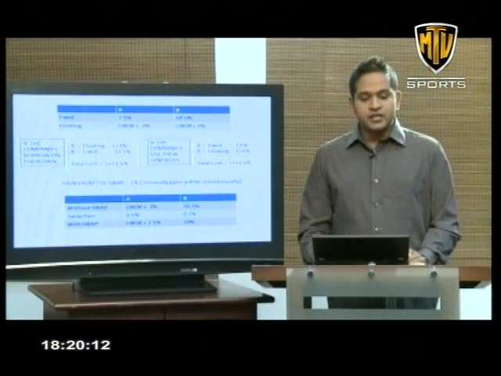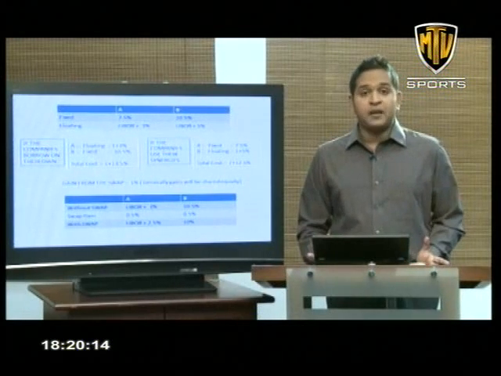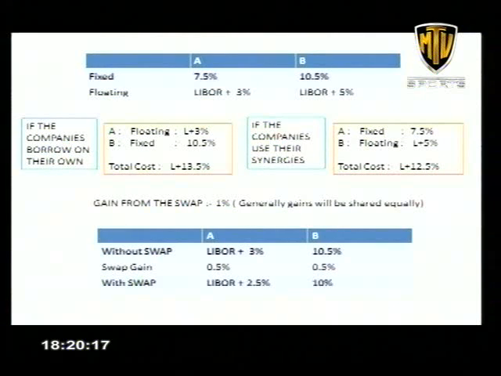So you do a calculation, this should be your final cost after the swap. Without the swap arrangement, A would have had a cost of L plus 3. This is A preferred to be a floating payer. If he had gone on his own, he would have had a cost of L plus 3. If B had gone on his own, he would have had a cost of 10.5.